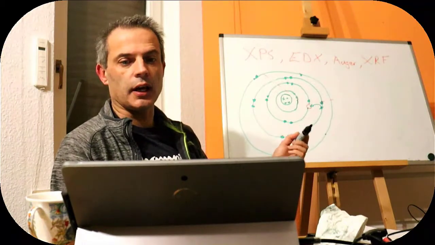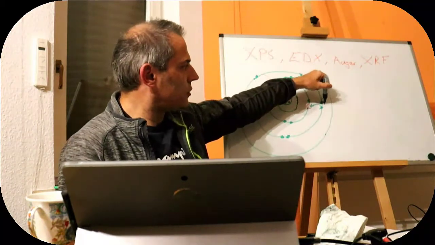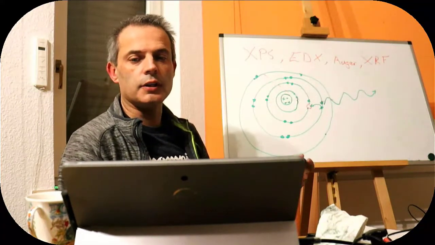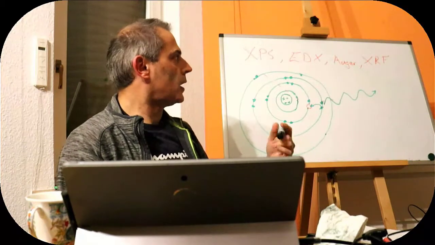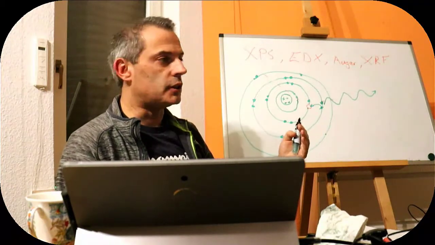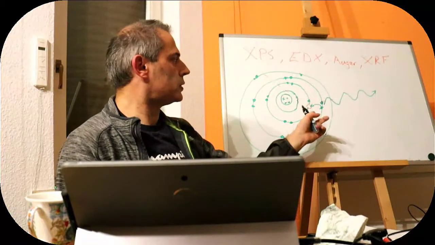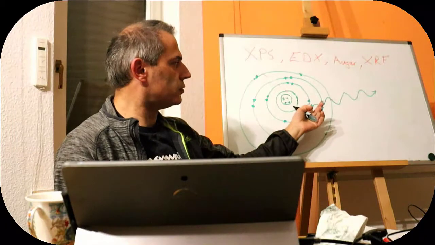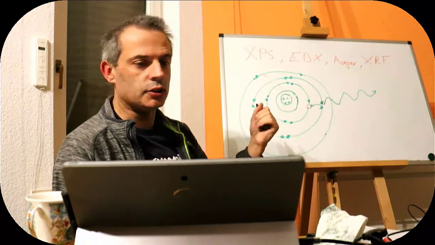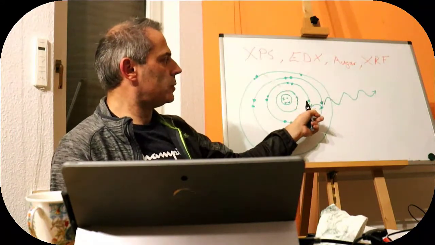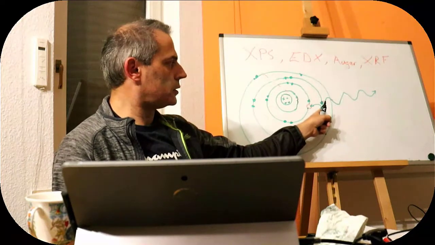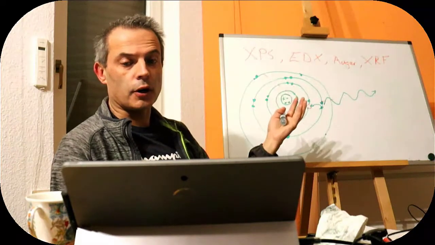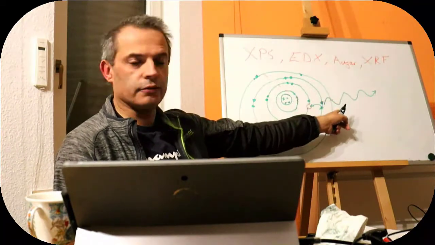The simplest thing that can happen is it gives out a photon of energy. That's typically an X-ray, and so that can be measured to tell us the energy level, but what it tells us is not the energy level compared to vacuum, which is what we were measuring before with XPS by shooting it out with an energy source. We're now measuring the difference in energy levels between this orbital, wherever the electron is, and this orbital, wherever the hole is. Then we get a photon out.